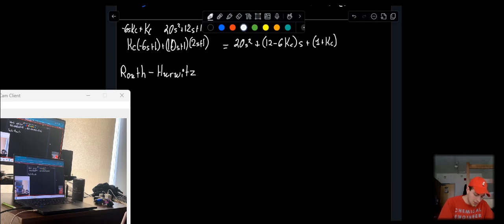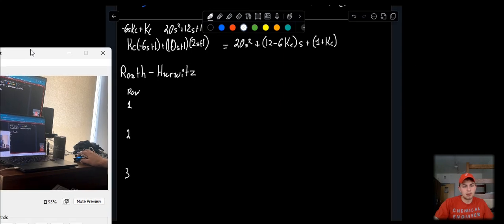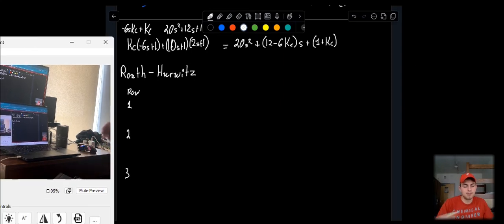And so what we're going to go ahead and do is construct our matrix here. What we should have is 3 rows. Oh, excuse me. Is in the way here. There we go. What we should have is 3 rows. Reason being that the highest order of our characteristic equation here is 2. Ruth-Hurwitz goes to n plus 1.